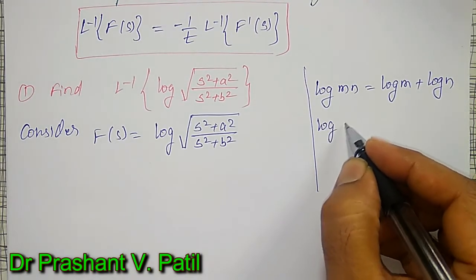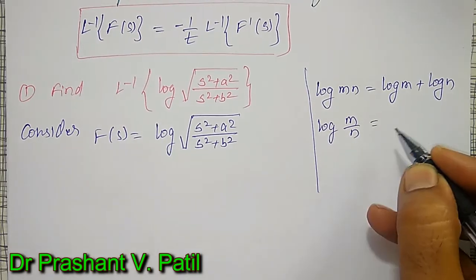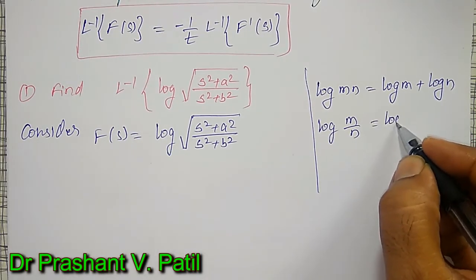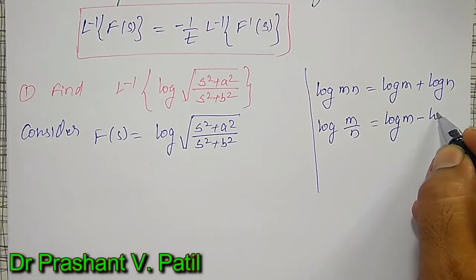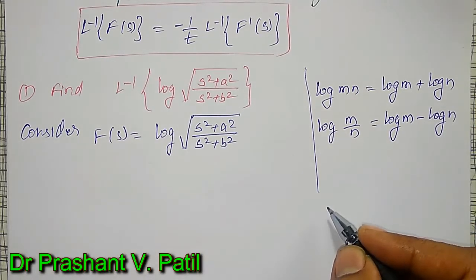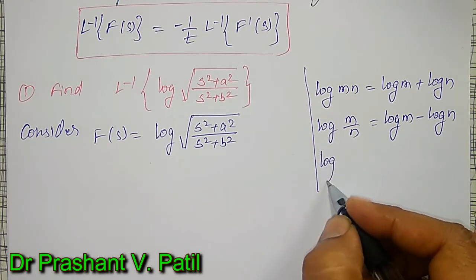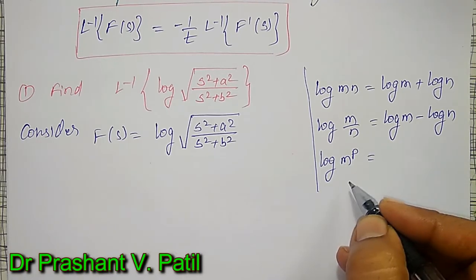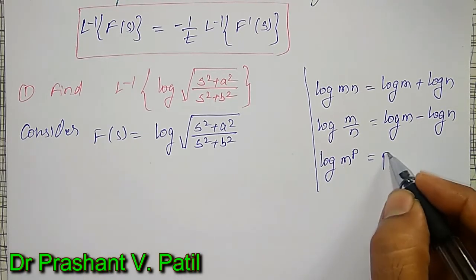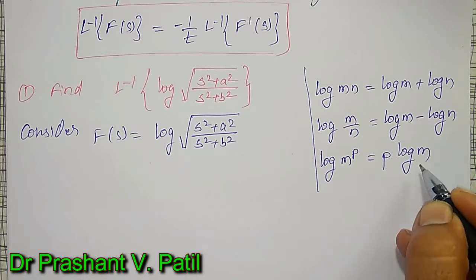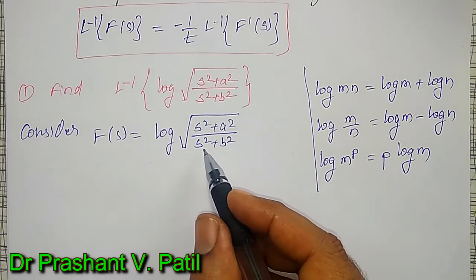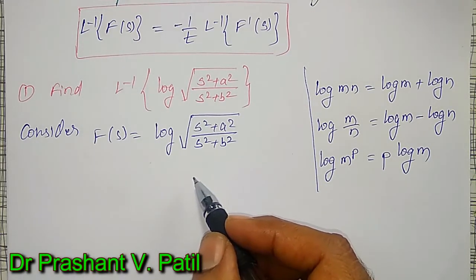If log of m divided by n is there, then I can write log of m minus log n. And one more property, log of m to the power p, I can write as p into log m. Using these properties I can split, then its differentiation will become easy.